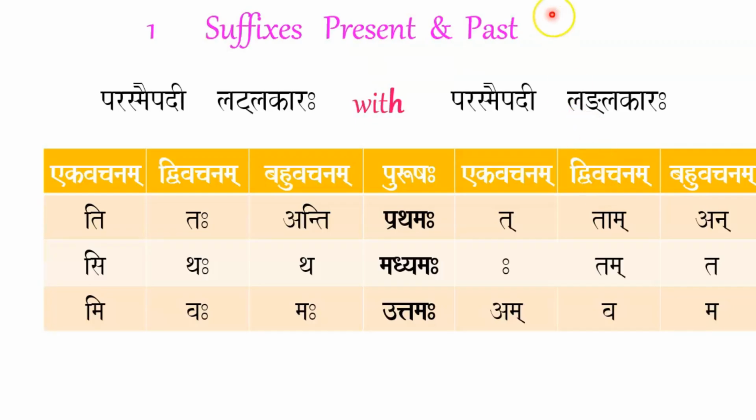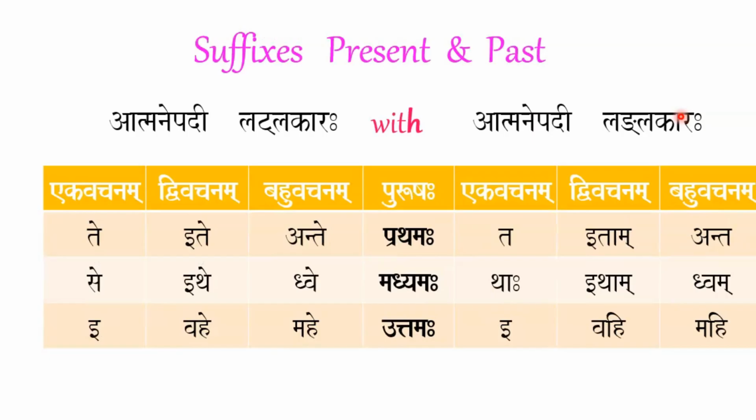Number one, the suffixes of present and past tense in pairs, like the suffix of parasmepadi lat lakarah with the suffix of parasmepadi lan lakarah, and the suffix of Atmanepadi lat lakarah with the suffix of Atmanepadi lan lakarah.